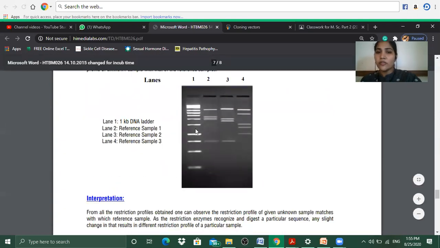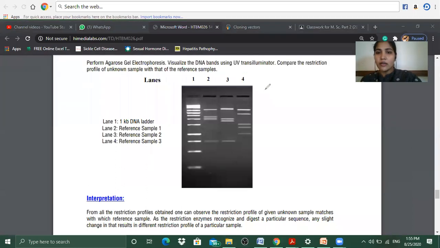So this is your molecular weight DNA marker, and this is reference sample 1, reference sample 2, reference sample 3, and you will be having one test sample over here. Okay, let me show. So you'll be having the gel run for the reference samples and your test sample, and you will be getting a profile like this maybe.